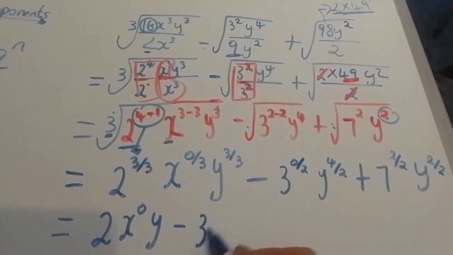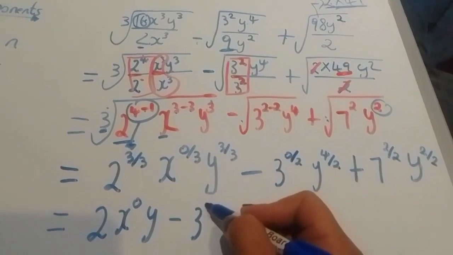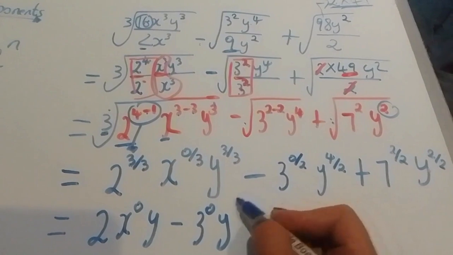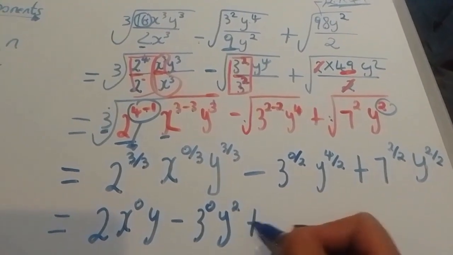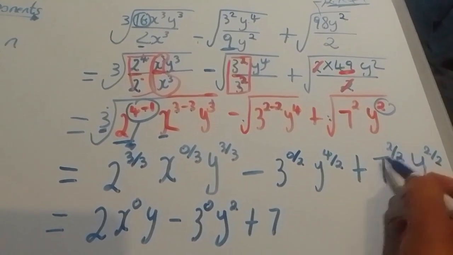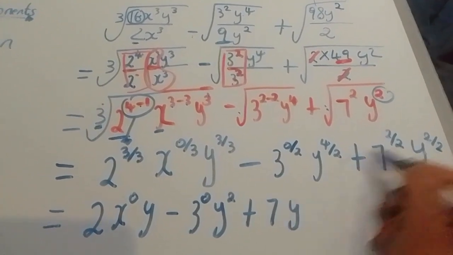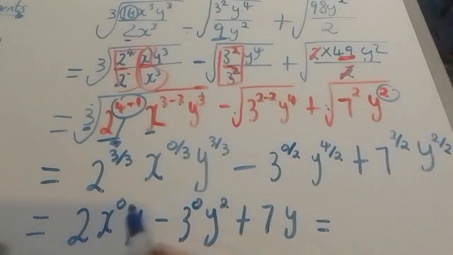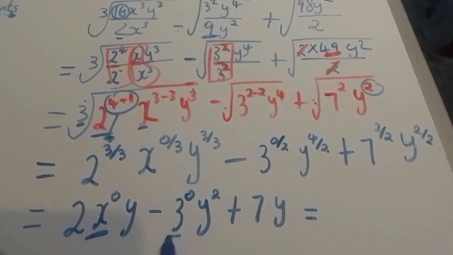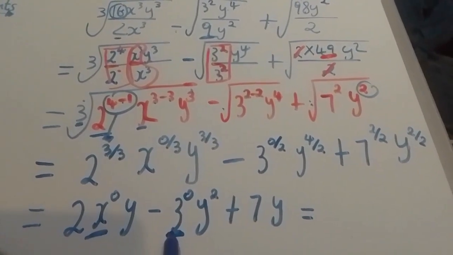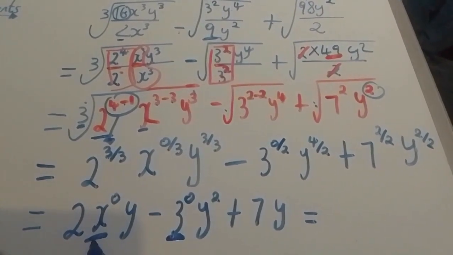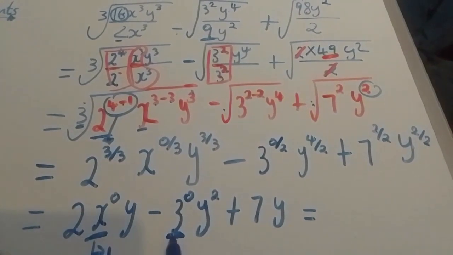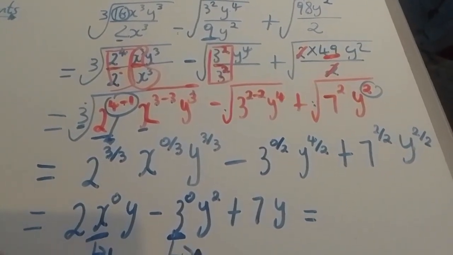Then we have 3 to the power of 0 divided by 2, it's 0. y to the 4 divided by 2 is y squared, plus 7 squared divided by 2 is a 1, y squared divided by 2 is a 1. We don't have to write the 1 down. And then we recognize the powers of zero, and we know that anything to the power of 0 is 1. So this is a 1, and this 3 to the power of 0 is a 1.